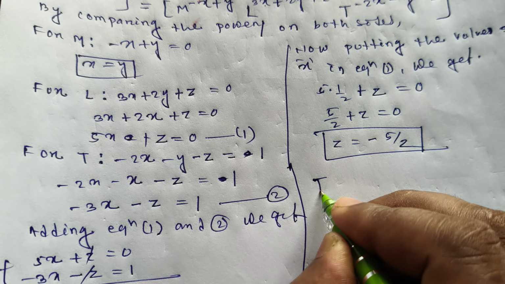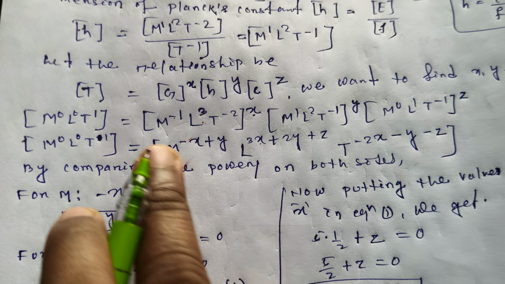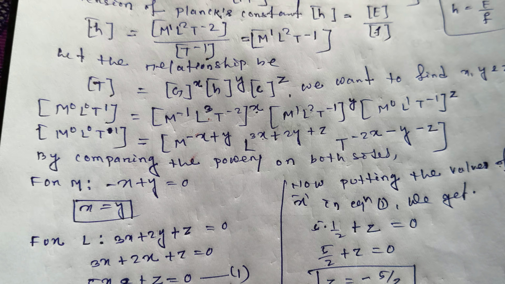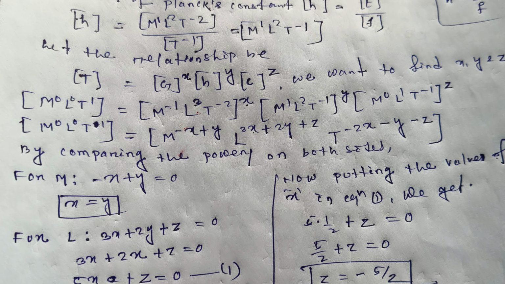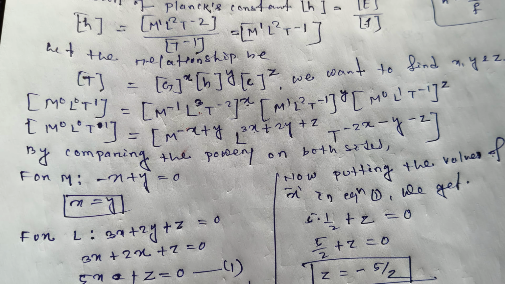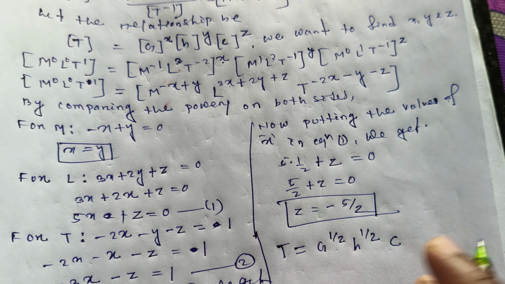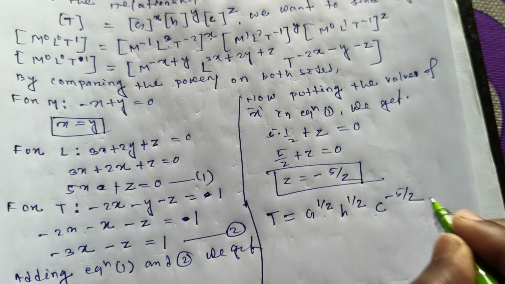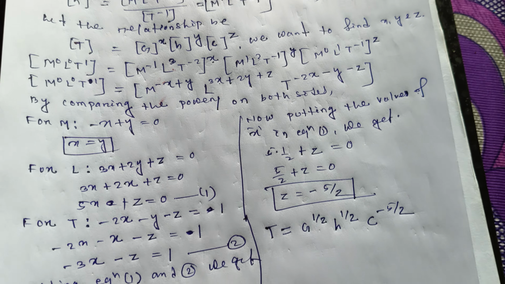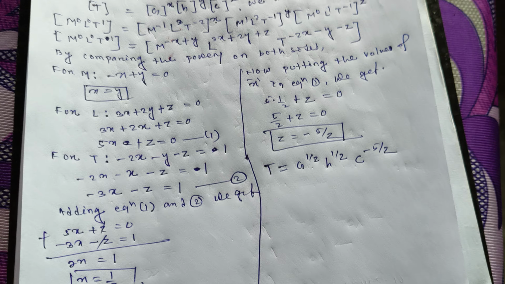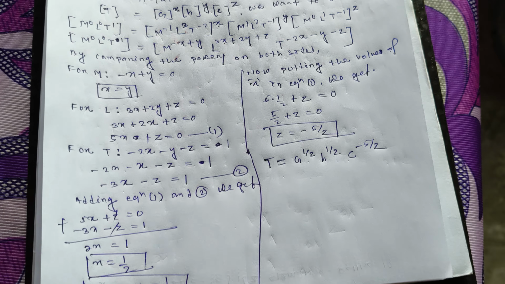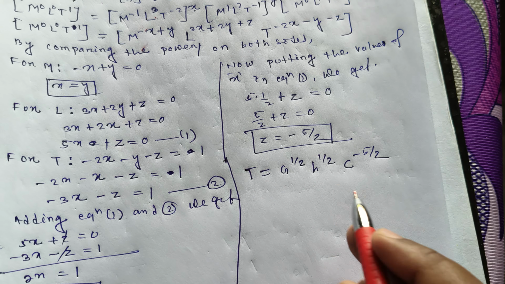So the expression is G to the power x, where x is equal to 1 by 2, S to the power 1 by 2, and C to the power z, where z is equal to minus 5 by 2. So this is the complete answer.